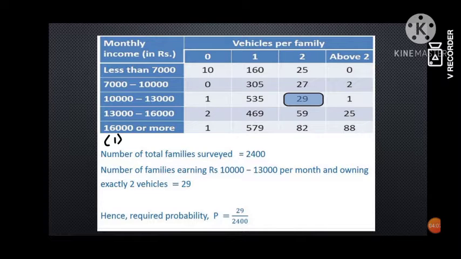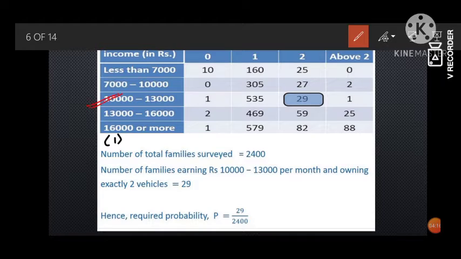From the table we can see that 10,000 to 13,000 is this slab, and the families owning exactly 2 vehicles are 29. The total number of families surveyed, given in the question, is 2,400, and the number of families earning 10,000 to 13,000 per month owning exactly 2 vehicles is 29 only.